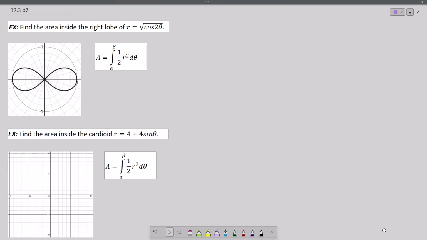So in Calc 1, you always wanted to avoid integrating through points of non-differentiability. Like if you had a cusp or a corner or something, you always wanted to avoid that. And that's generally a very good rule. When you're integrating in polar, sometimes you can integrate right through intersections, sometimes you can integrate right through vertical tangents.